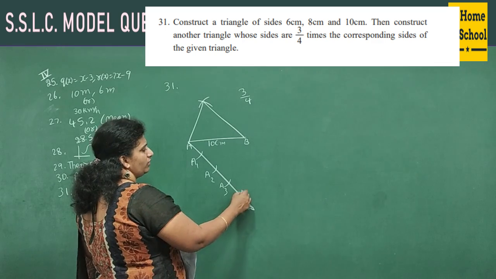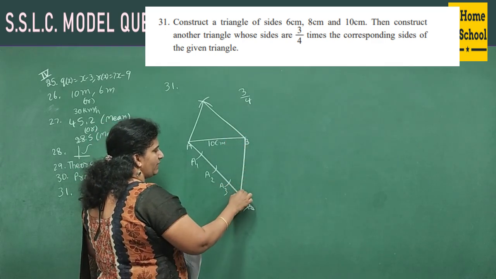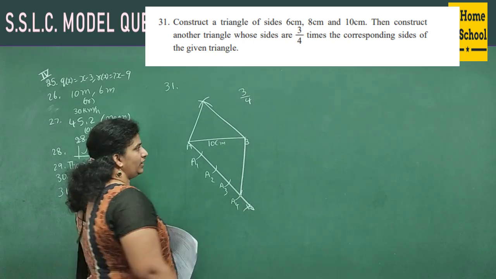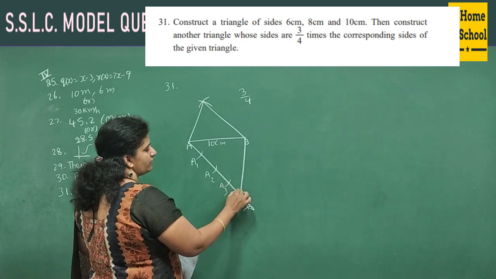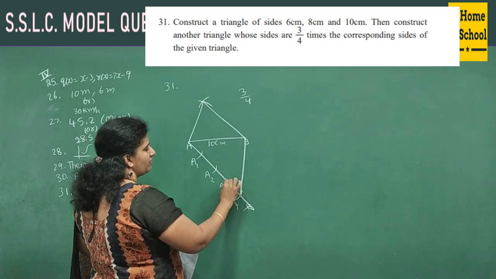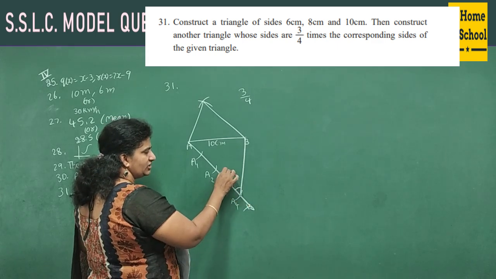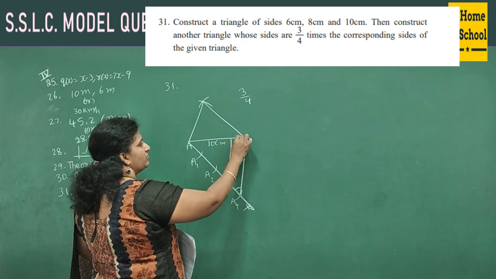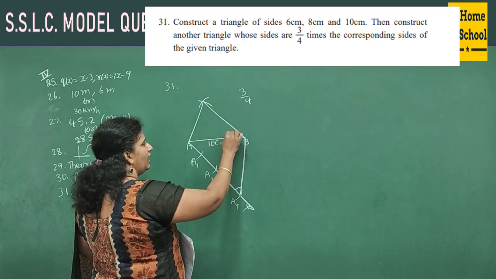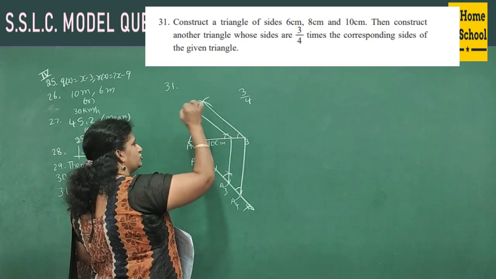From A4, the denominator, join to the other end of the base with a scale. Right? And the numerator, what do you have? 3. So from here draw an arc, from here again draw an arc. Go back, measure, cut and then extend the line. Now from here again arc, arc, go back, measure, cut and then join.